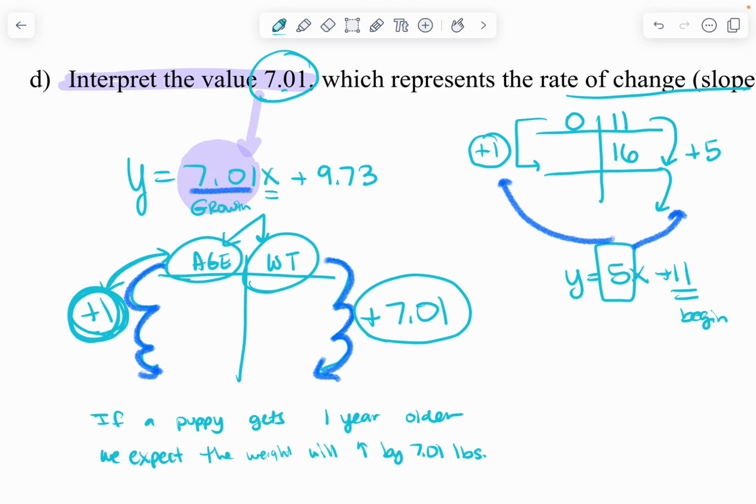All you're going to do, or at least something you can do, is look at the chart and figure out how these two things are growing together. That growth is always going to be on the outside side of the chart, and this side is always going to grow by 1. If you didn't want to make your own chart, no big deal.